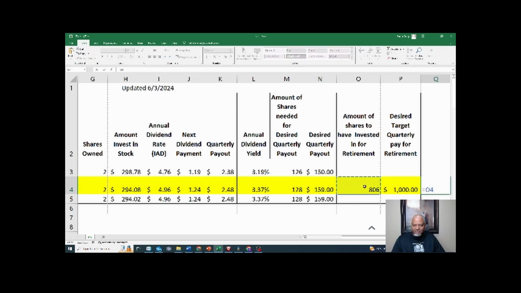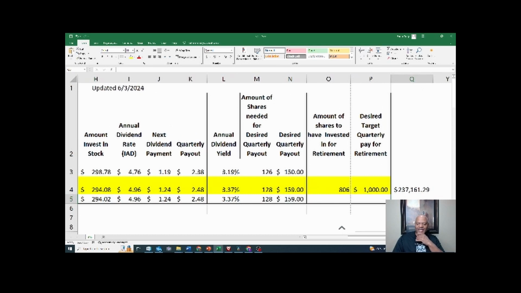Calculation. 806 times, right now, say for instance you're buying a share, the amount is 204.08. You would have invested $237,000, $161.29.